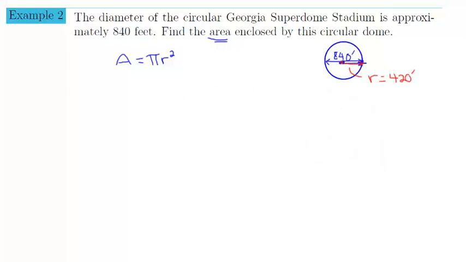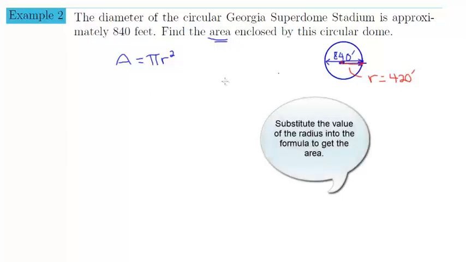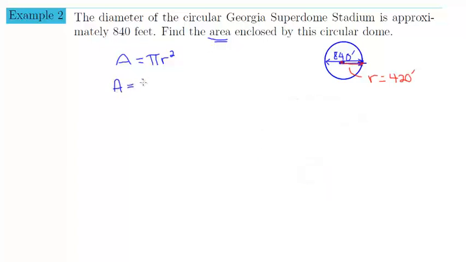All we're going to need to do is substitute the radius, 420 feet, into our formula and solve for our area. Area is pi times our radius, which we just calculated as 420 feet squared. Now, this is where you pull out your calculator, or a scratch paper, and do the math, but to save time I already did this.